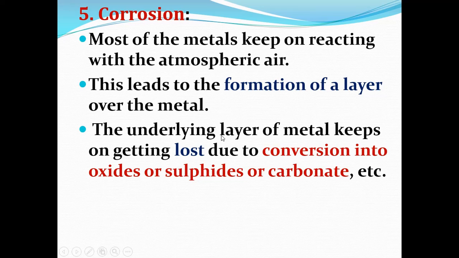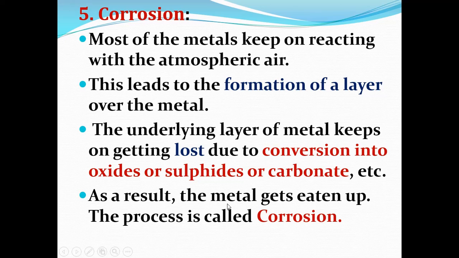The metal keeps getting lost due to conversion into oxides, sulfates or carbonates. So the pure form of the metal keeps getting lost due to the conversion of the metal into its oxides, sulfates or carbonates. As a result, the metal gets eaten up. This process is called corrosion.